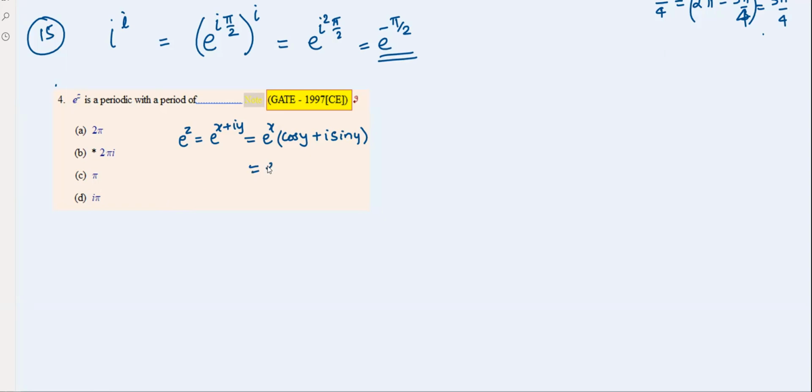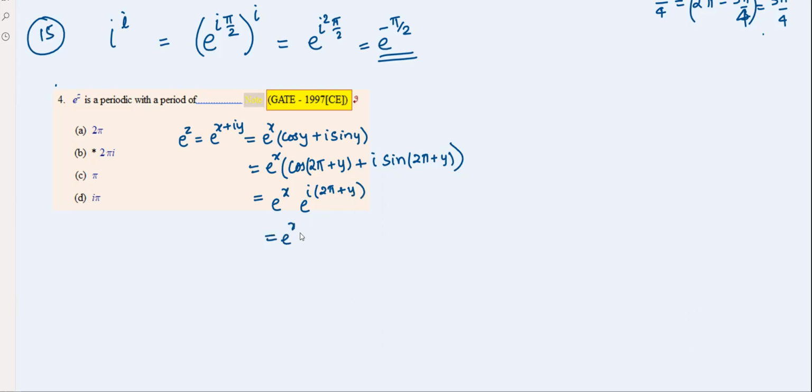See, this is e power x into cos. Fundamental period of cos is 2 pi, and fundamental period of sine is also 2 pi. So this is e power x, e power i times 2 pi plus y.